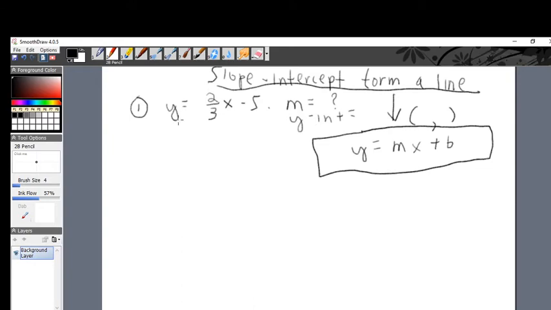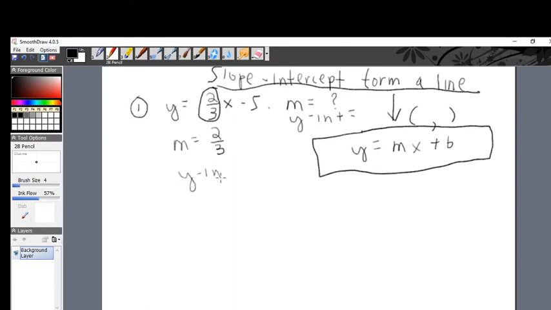Now, let's move over here. y equals 2/3 x minus 5. Here, your answers are handed to you on a silver platter. The slope is simply the coefficient of x, so the slope is 2/3. Part of the problem is over. What is the y-intercept?